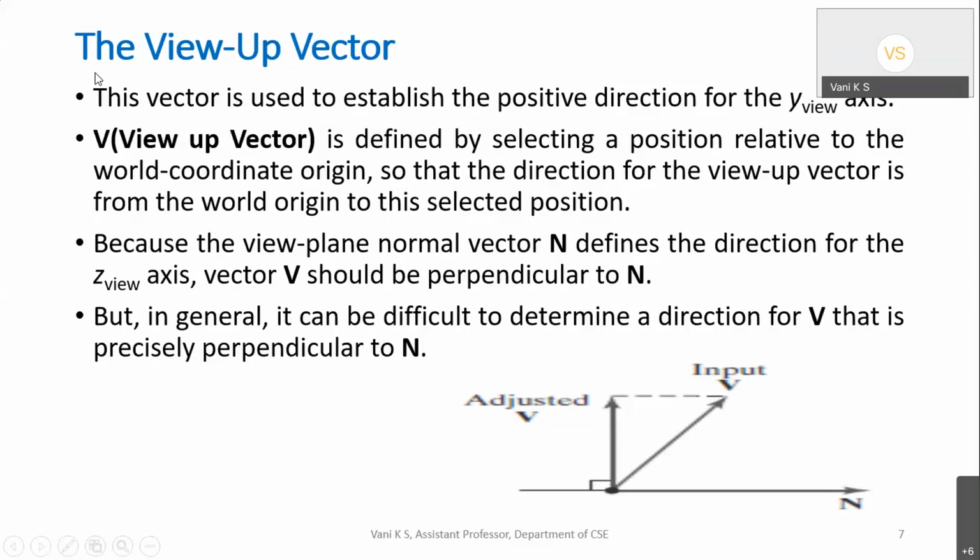And there is also something called the view up vector. What is this view up vector? It will always be in a thumbs up direction. The meaning is, how do you tilt your camera? That depends on how you tilt your head. For example, if you tilt your head to your left or to your right, then your view of the scene, or how the objects are perceived by you, will depend on how you are tilting your head.